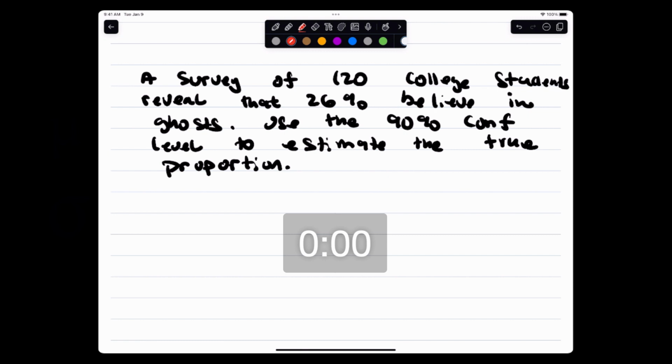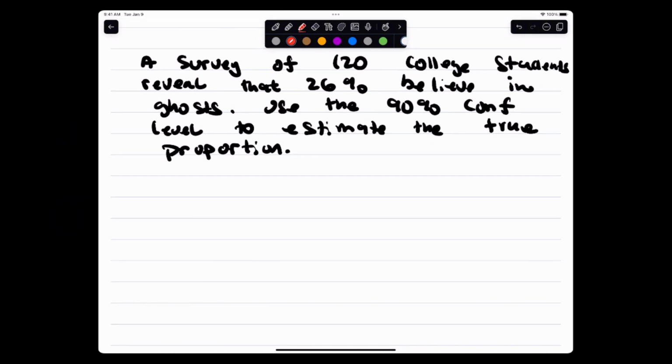Let's try this out together, ladies and gentlemen. Okay. Let's read this here. A survey of what? A sample of what? 120 college students reveal that 26% believe in ghosts. Use the 90% confidence level to estimate the true proportion.